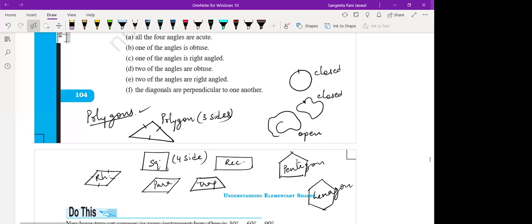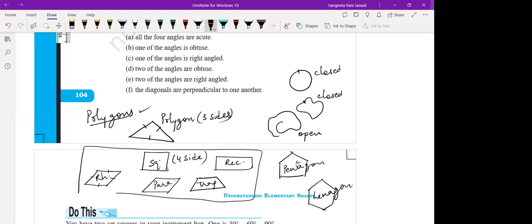Now specifically, in four-sided shapes, I spoke about so many shapes. A polygon with four sides is called a quadrilateral. Quad means four, lateral means sides.